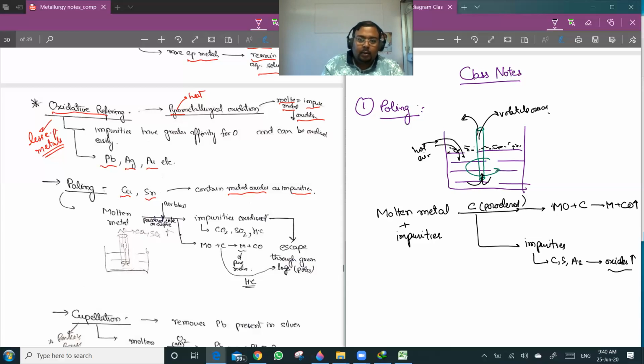So ultimately you get pure metal, while the oxides escape through the hollow pores.